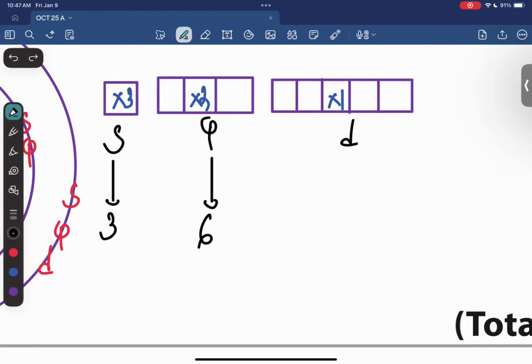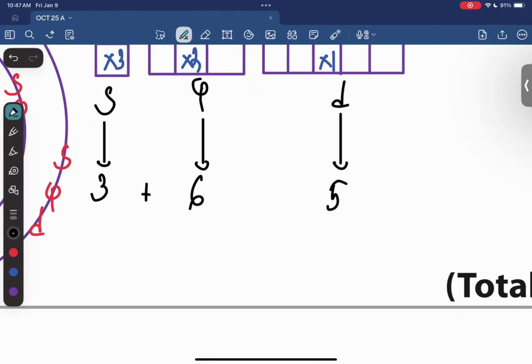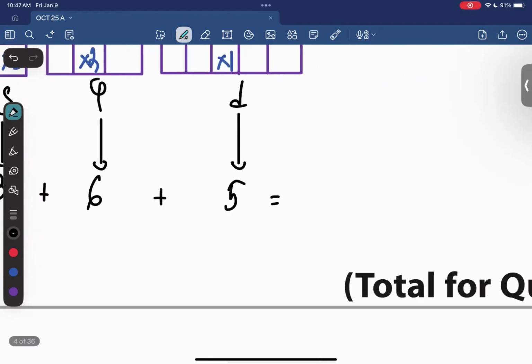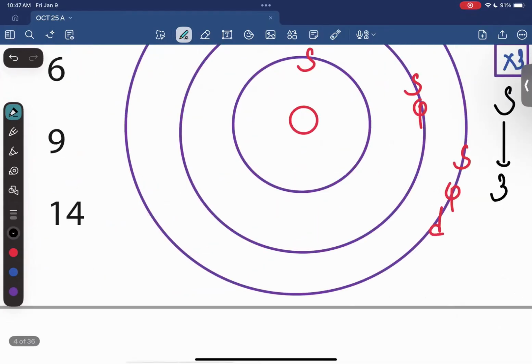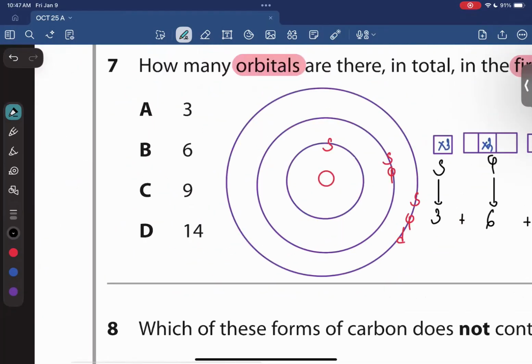And for D, we have a total of 5 orbitals, right? So you sum all of the values, 6 plus 3 plus 5, and you should be getting a value of 14 orbitals in total. So the answer for this question should be D, everyone. I hope you all are clear with this. If you aren't, then do let me know in the comment section.